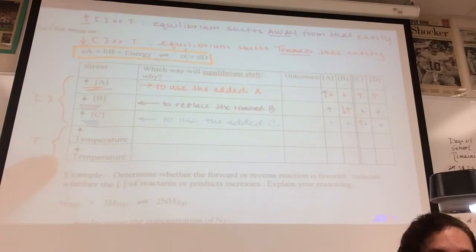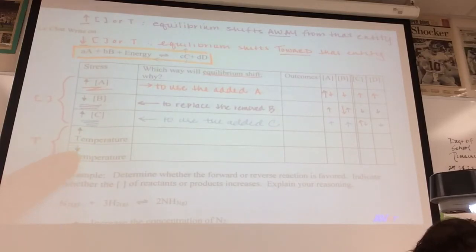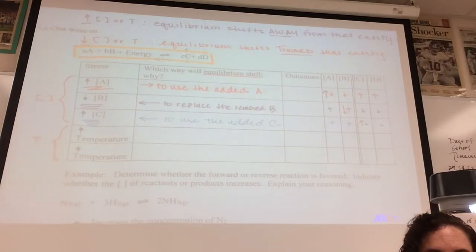Temperature is another factor that affects not only equilibrium in regard to a shift, but temperature is the only stress or factor that alters the value of KEQ. So there are three stresses on equilibrium: concentration, temperature, and pressure, but only temperature alters the value of KEQ.